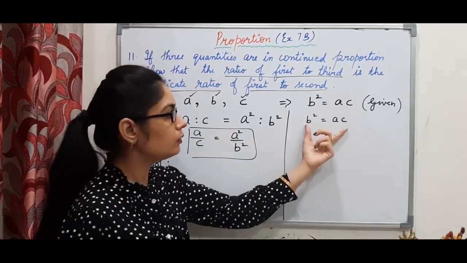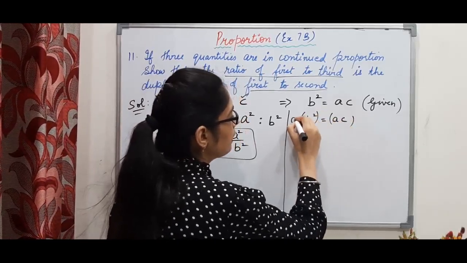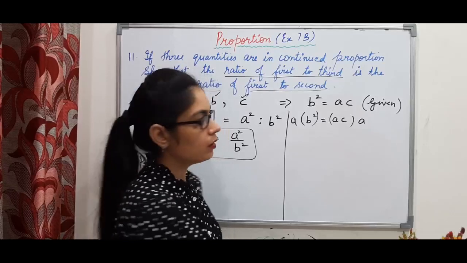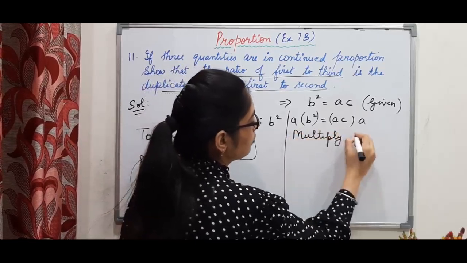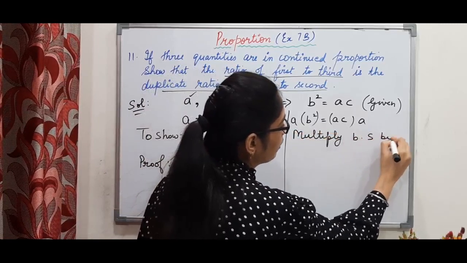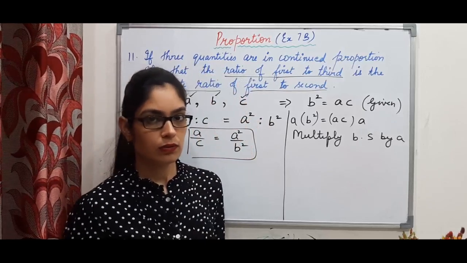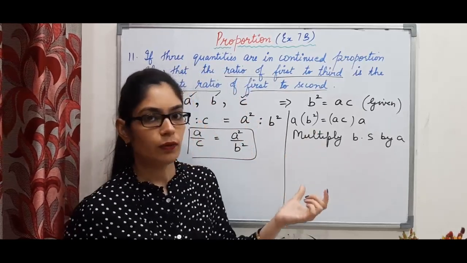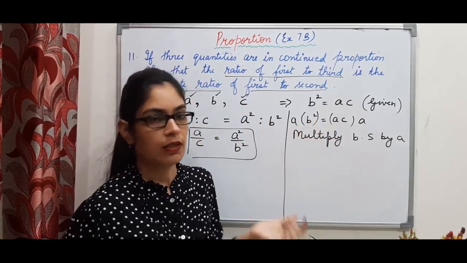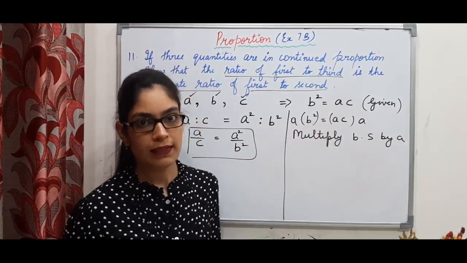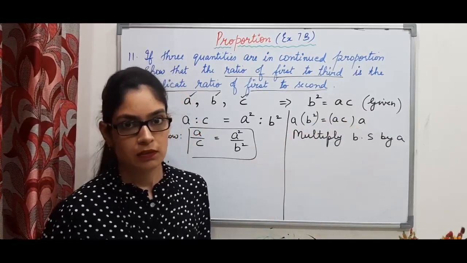So how can I get square of A? What I will do is multiply both sides by A. See, why I told you in previous videos also, whenever we solve an equation and make any change, wherever the sign of equality is there, we can make that change on both sides of the equation. Why?